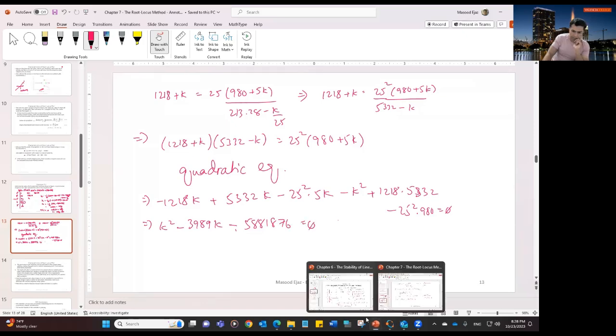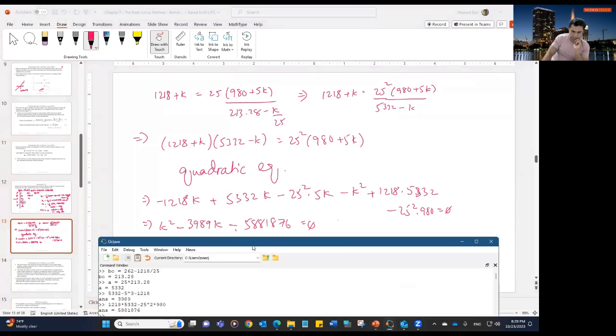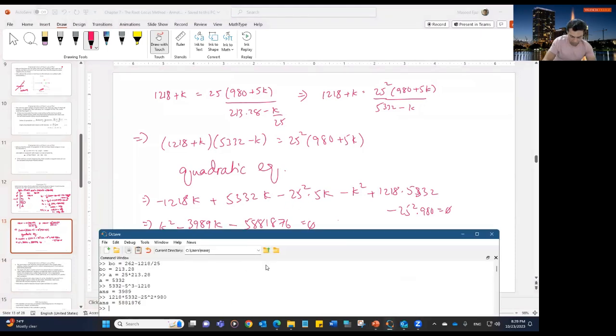Let's see what the roots of this quadratic equation are. The coefficients are 1, negative 3989, negative 5881876.